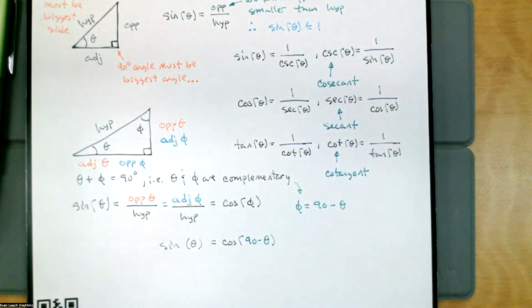The sine of an angle is equal to the cosine of the complement of that angle. I can also write theta in terms of phi. I could say that theta is 90 minus phi.